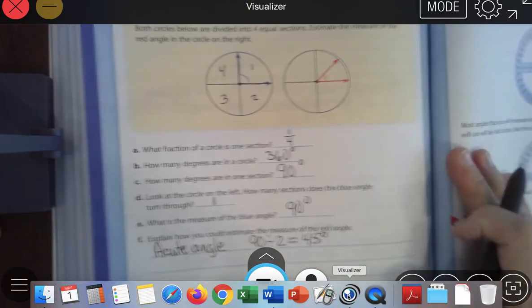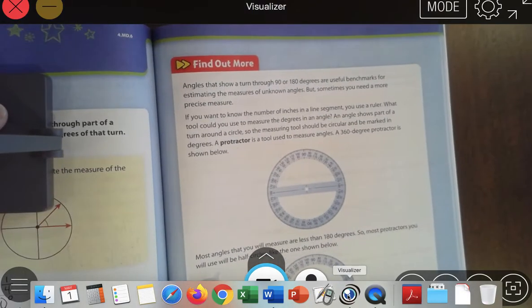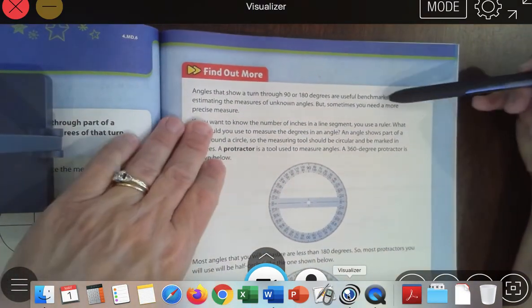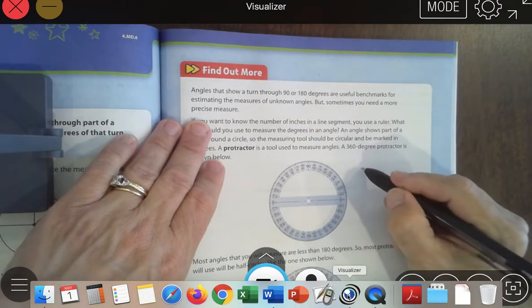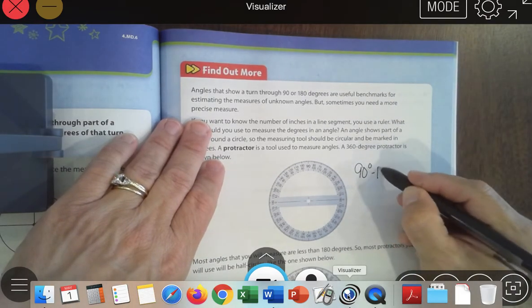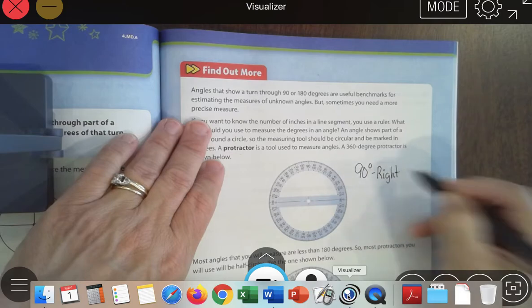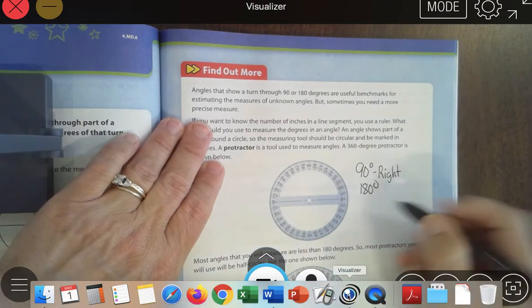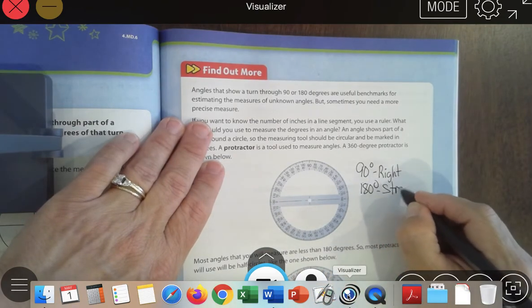Okay? Now let's read. We're going to find some more out. So angles that show a turn through 90 or 180 are useful benchmarks. Remember, 90 degrees is a right angle, and 180 degrees is a straight angle.